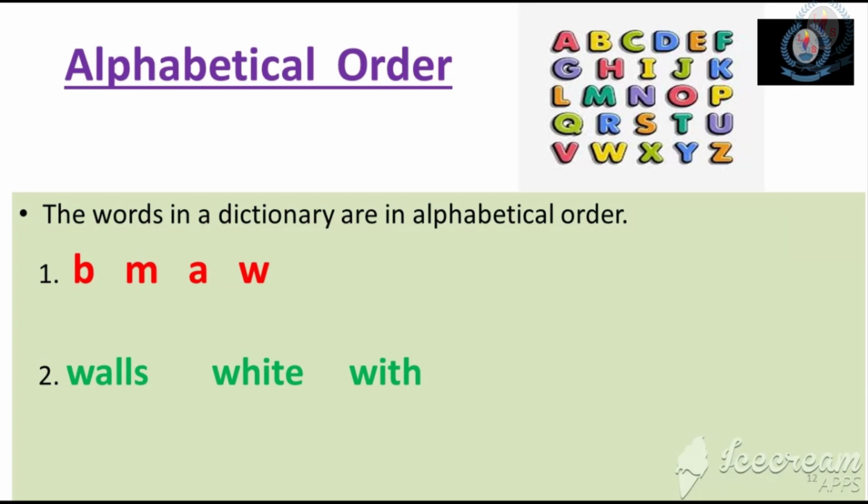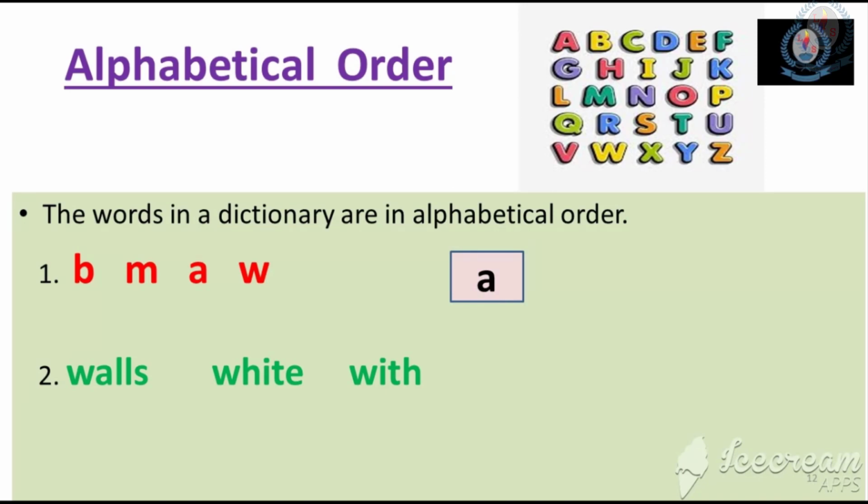Look at this example. Example number 1. You can see the letters B, M, A, W. So we have to arrange these letters according to alphabetical order. Let's start. According to the alphabetical order, the letter A comes first. So we write the letter A first.